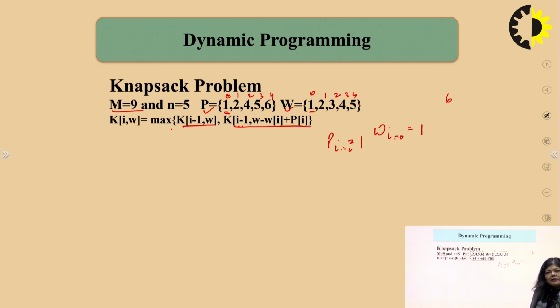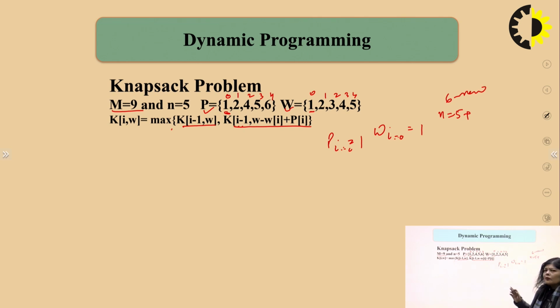One extra object we are assuming to solve the problem in a smoother way. Or I can also say that for n objects, where n is 5, I need to take one extra row for computational purposes, so that the equation is smoothly applied and we are able to understand how we are computing those entries. So we are going to have 6 rows.